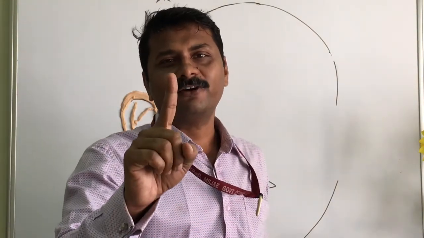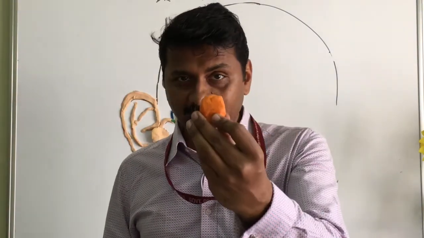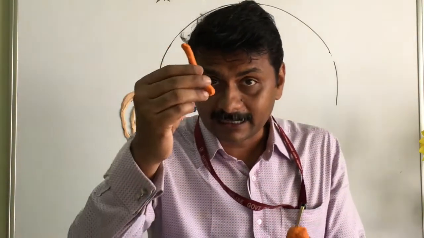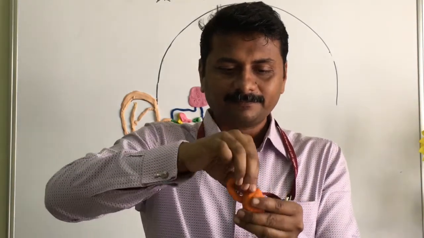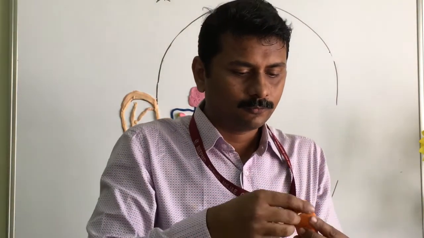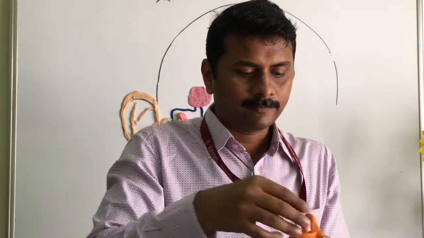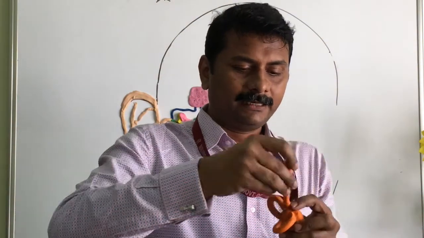One part is for controlling the balance, or the vestibular sense. So the vestibular sense has a vestibuli and 3 semicircular canals. So semicircular canal number 1, semicircular canal number 2, and semicircular canal number 3.